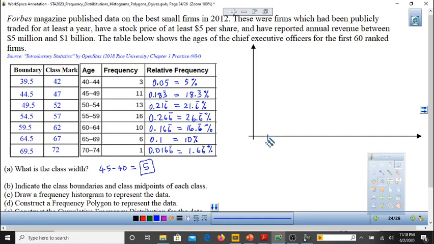So 1 boundary here, and I'm just going to copy that.